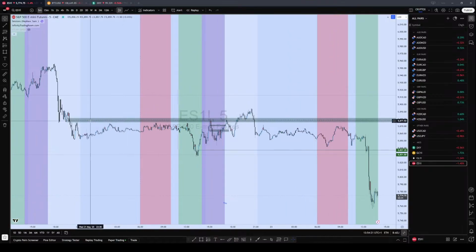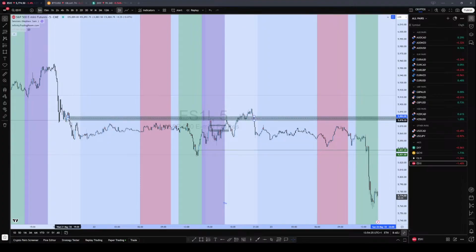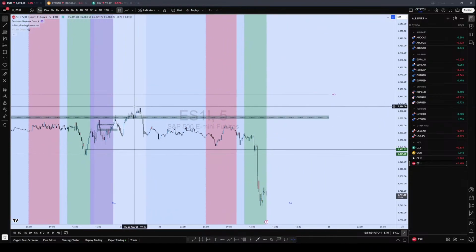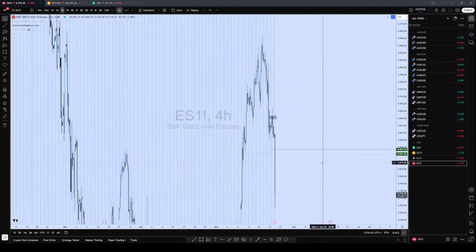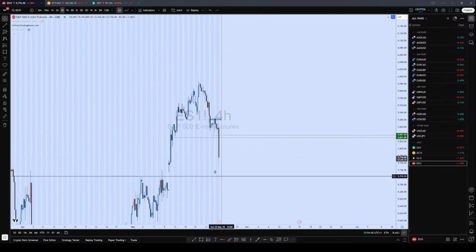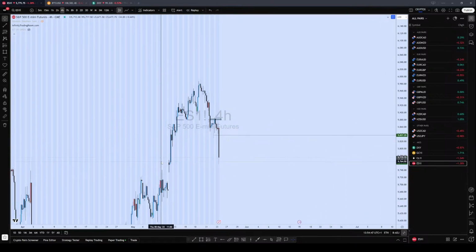But I knew why, because this gap here was calling for price to be traded to, so they manipulated into it and then eventually broke down. But when it broke down, I was not in front of the screen, so I couldn't catch the trade. But eventually it went to where I told you it's gonna go, right here.